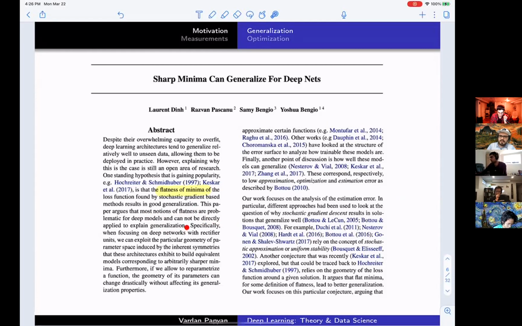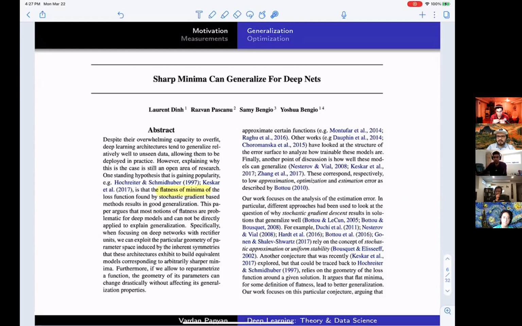So what they're saying is that, first of all, when you say flatness is related to generalization, you should ask yourself, what is even flatness, right? I didn't provide a definition. So you want to say flatness is defined to be blah. And then if that's the case, you want to show some correlation with generalization, or you want to prove some correlation with generalization, right?